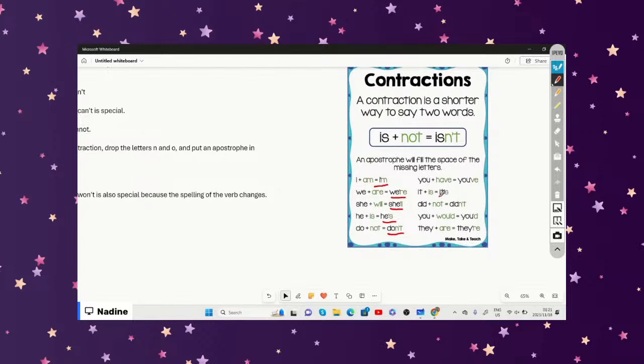It is, it's. Did not, I did not do that, I didn't do that. They are, they're. So those are a few examples of contractions, which are a shorter way to say two words by putting those two words together, leaving out one or two letters, either of the verb, or if we have not there, then the O of not.